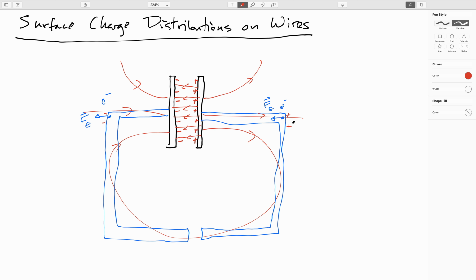And this sort of process occurs all through the wire. As the electric field lines are passing through the wire, it will drag surface charges around.